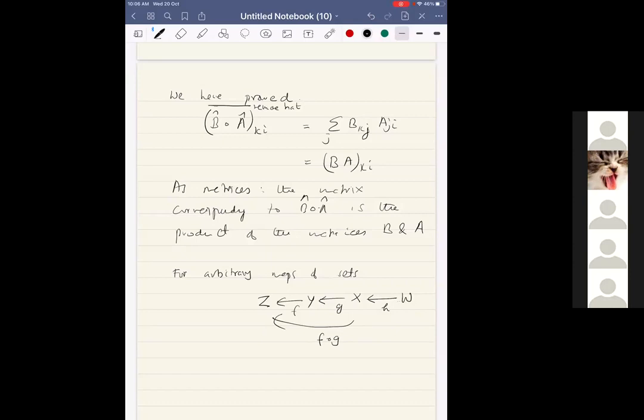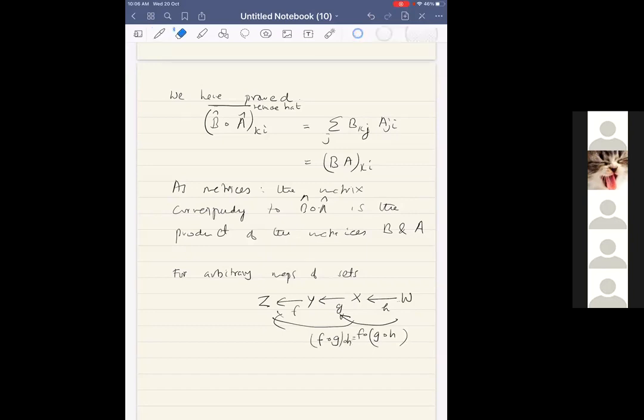I can go like this and then like this, H composed with G composed with F, or I can do F composed with G composed with H, and these two are equal.